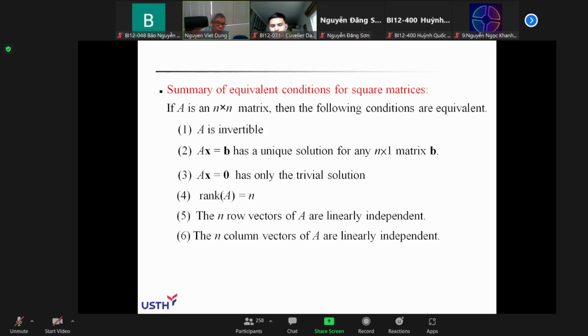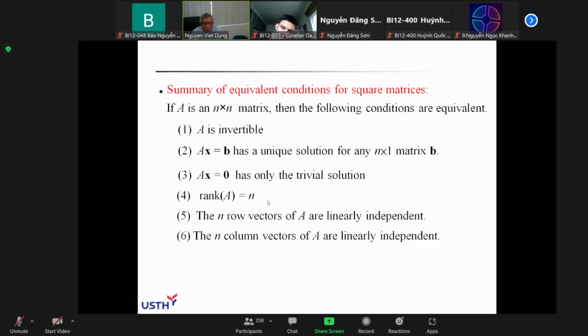And so before the class today, we already had a series of equivalent claims. Today we add more claims concerning the rank of A and the rows of A being linearly independent.